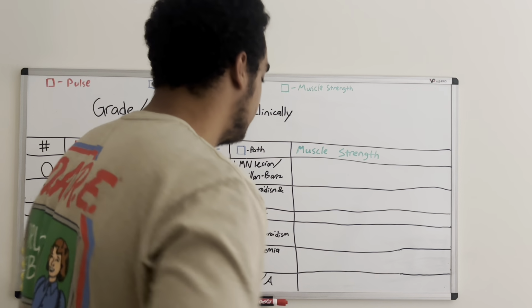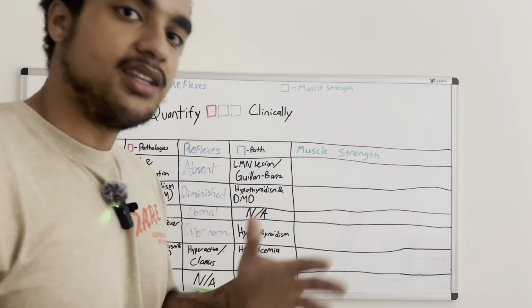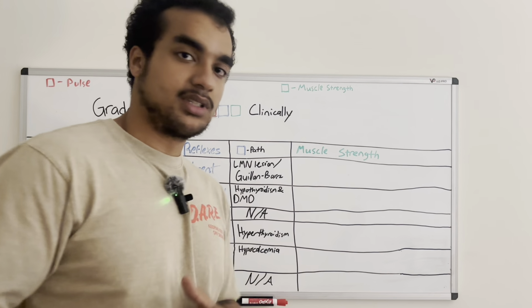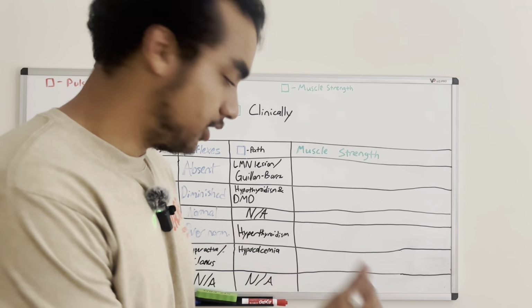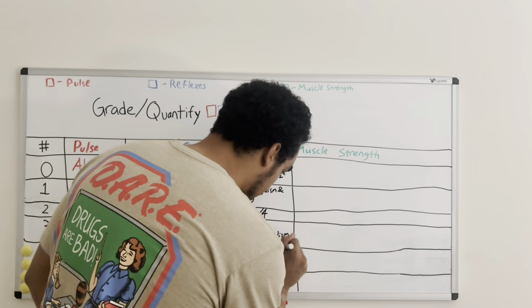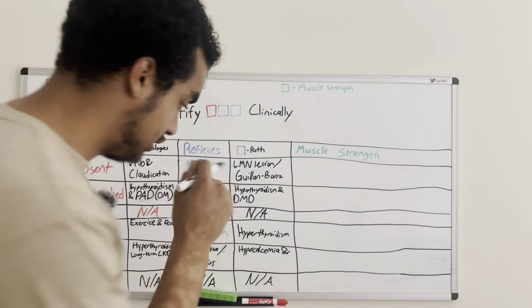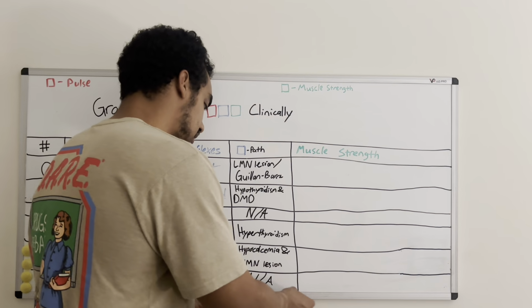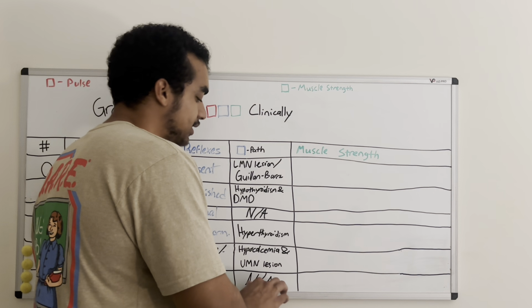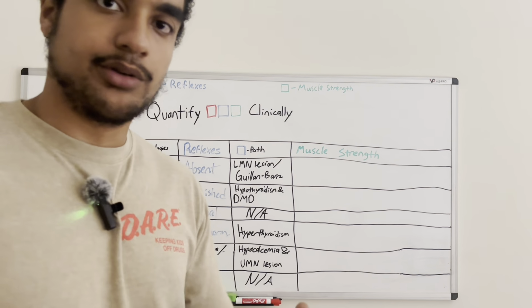Hypocalcemia can also lead to like seizures and tetany and, like I said, spastic muscle contractions, but we'll get into that in another video. Right? Along with hypocalcemia, you have an upper motor neuron lesion. And the upper motor neuron lesion essentially leads to clonus.